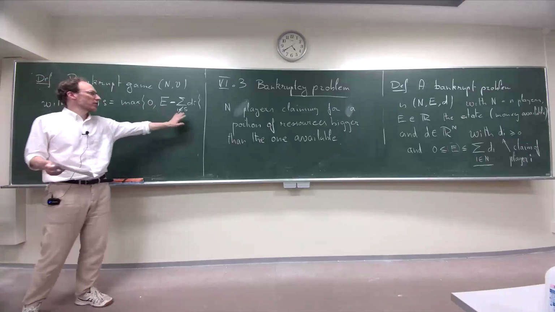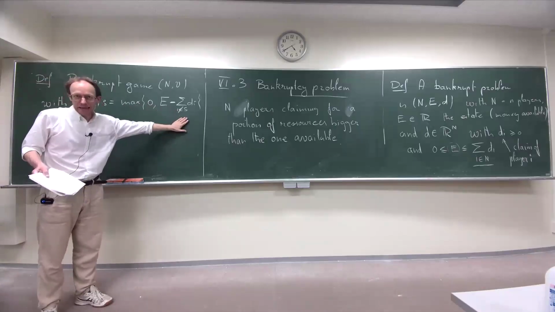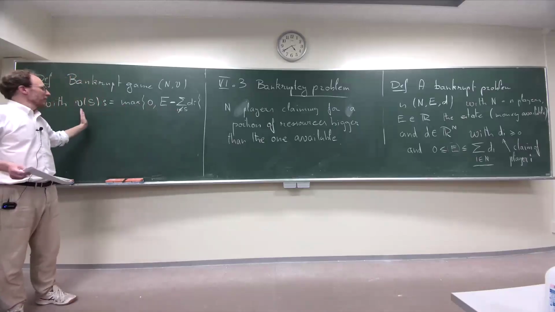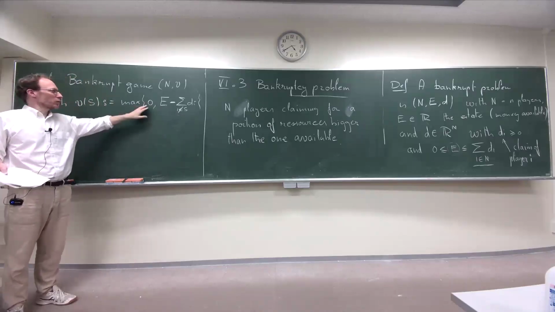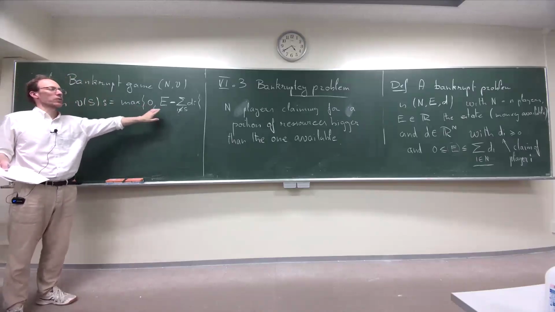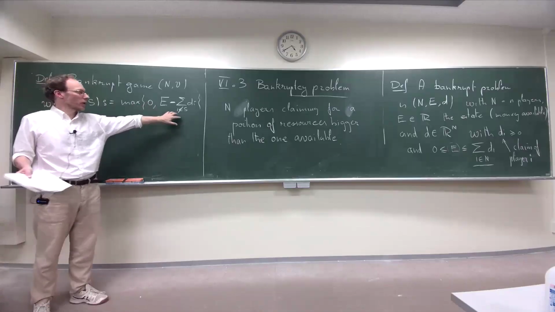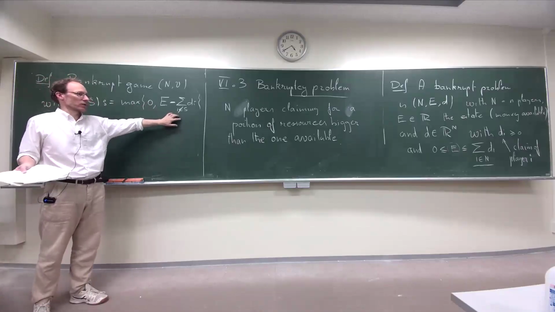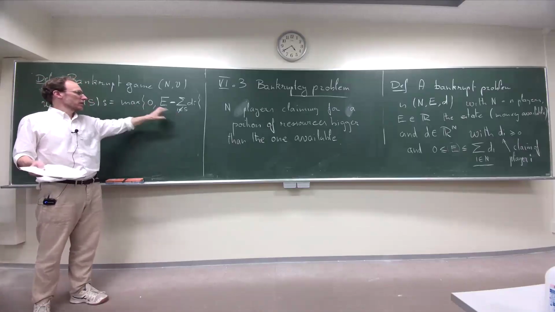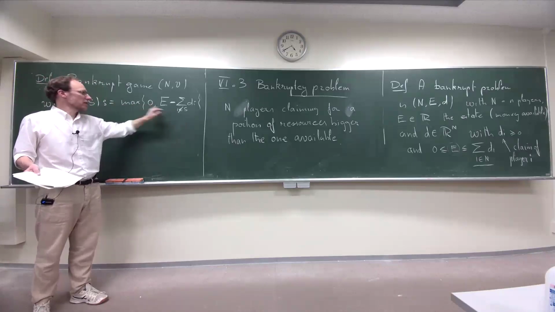But of course, if this number is negative, you don't want to claim something negative, so you put the maximum between 0 and this. So as long as this one is positive, this is the value, but if suddenly it becomes negative, you take 0.